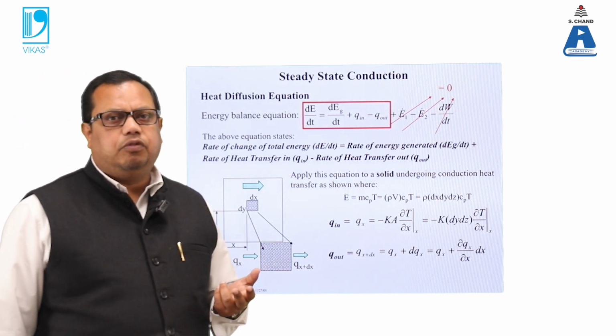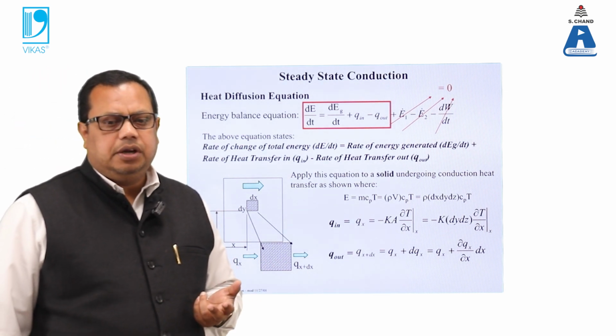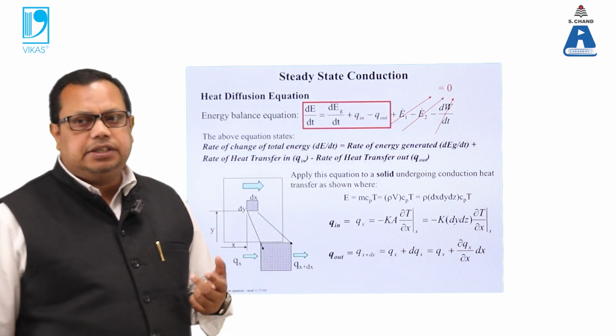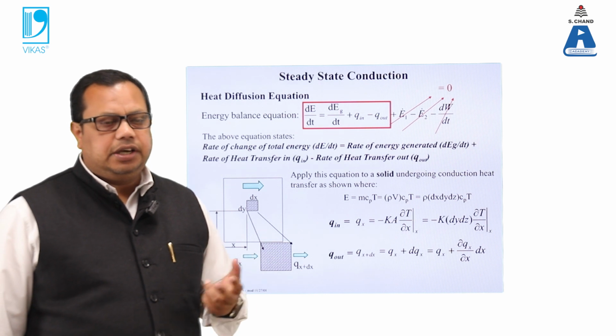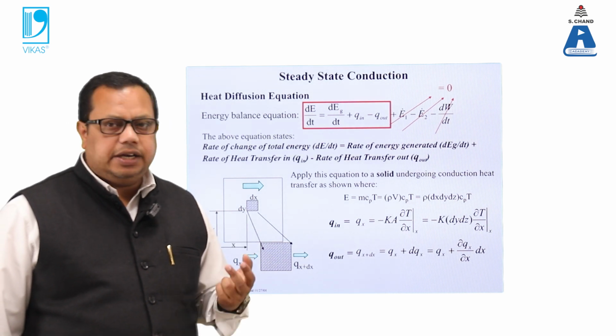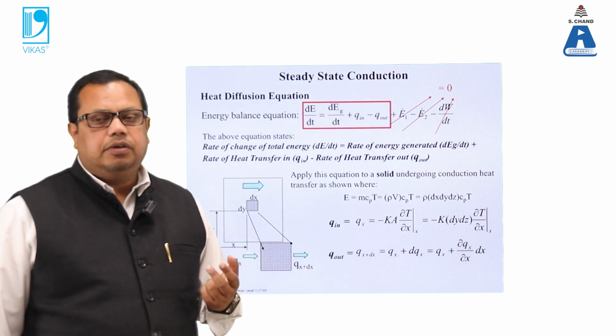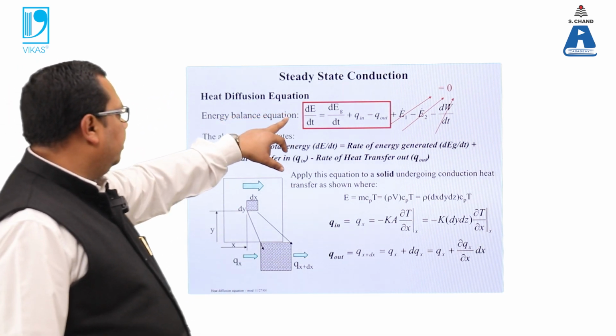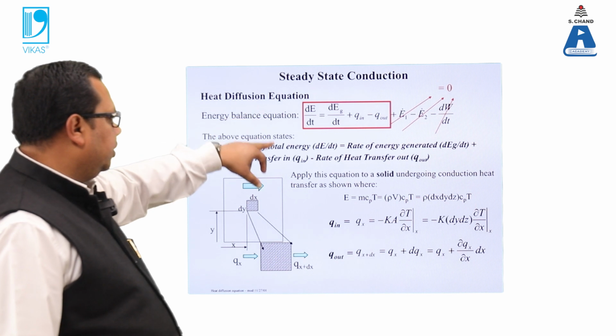If we focus on the conservation, it has to be 0. When the energy is generated and the energy is released, it means that the entire energy is converted from one form to another. So dE/dt is the rate of change of energy or the heat diffusion.